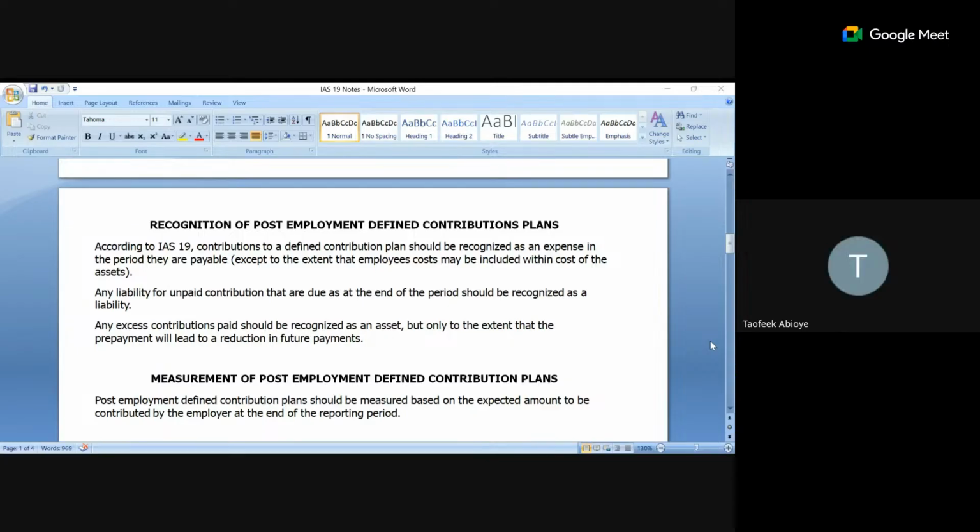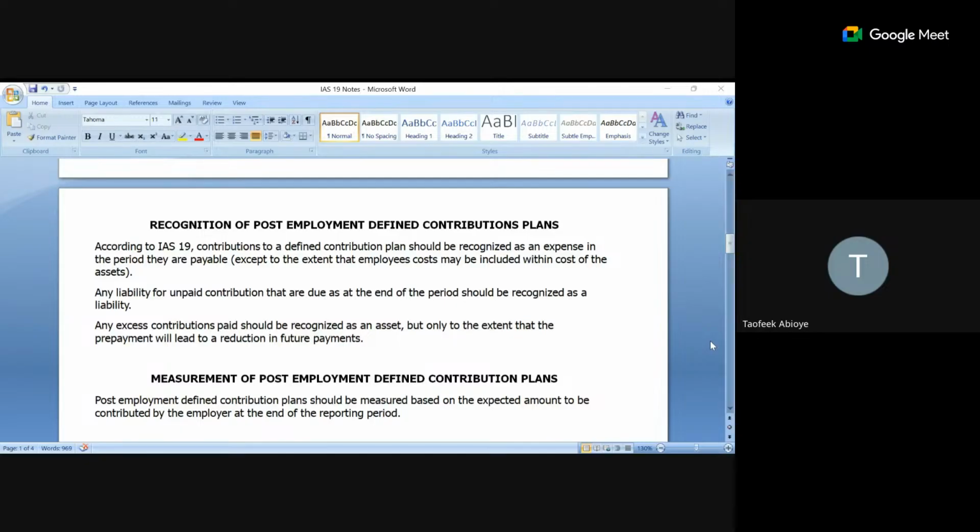Okay, all right. So number one question is that we are talking about the liability part. Talking from the side of the organization, there is a liability. Why?